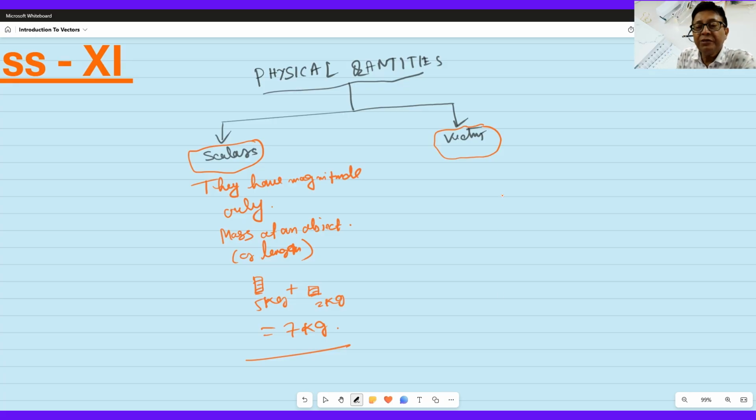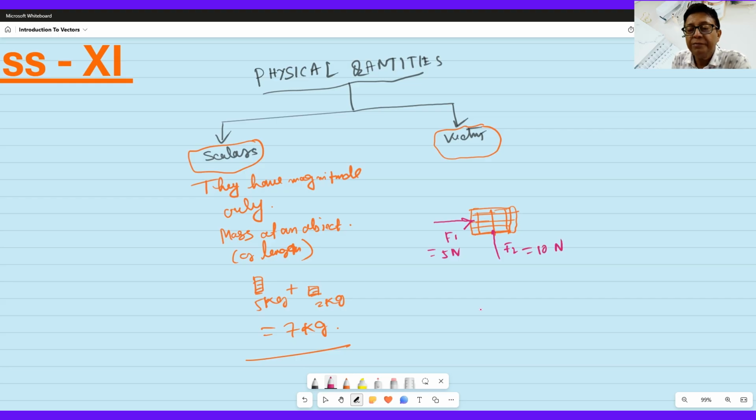But suppose there is an object, this is the object, it has a specific mass that I am not writing here. On this object, in two different directions, two forces are acting. One force acting this way, say this force F1 equal to 5 Newton, this is F2 equal to 10 Newton.